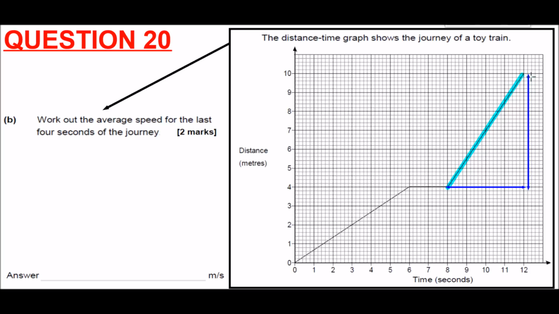Basically the height. So this point here is at 4 meters. It's 4 meters away from where it began at, because here reads off at 4. At the end, at 12 seconds, it's gone up to 10 meters.